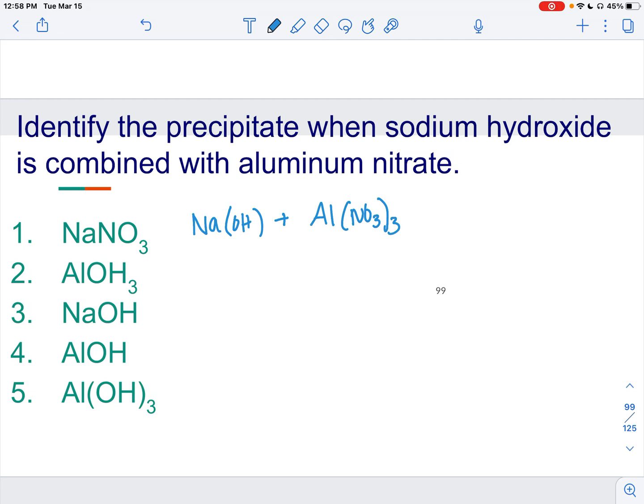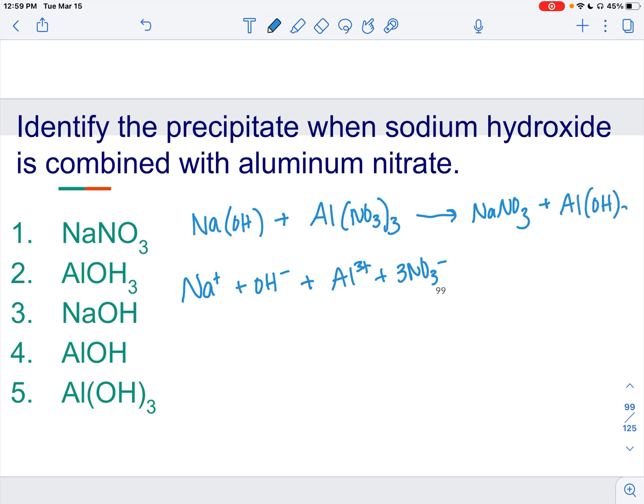So that would give you Na+ OH- plus Al3+ 3 NO3-. And when you do your double replacement, you'll end up with NaNO3 plus Al(OH)3.